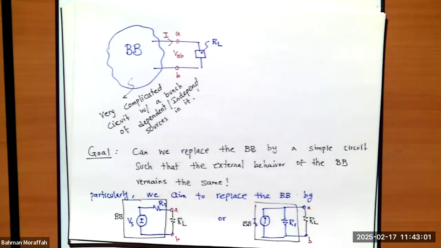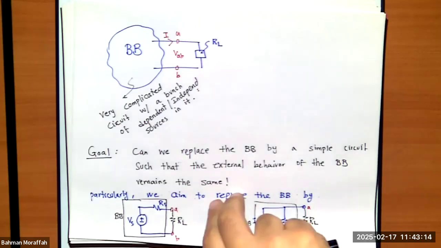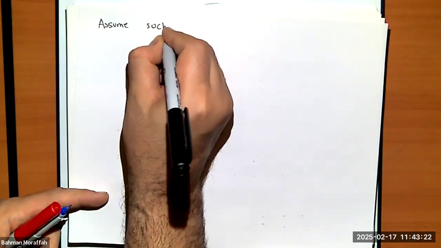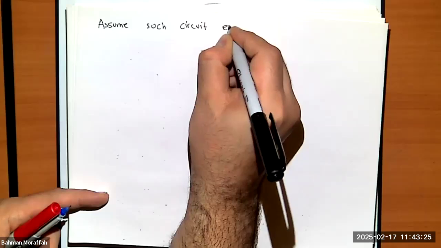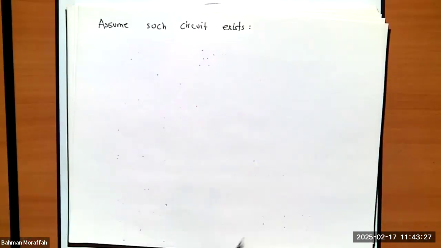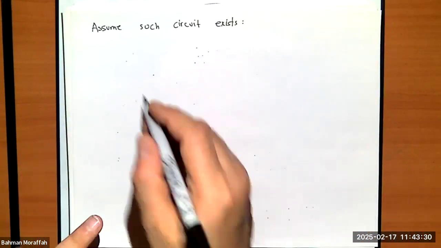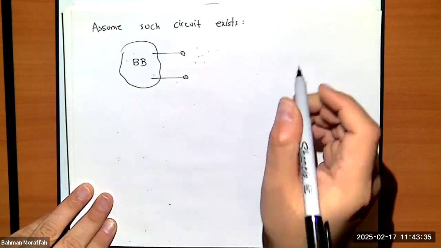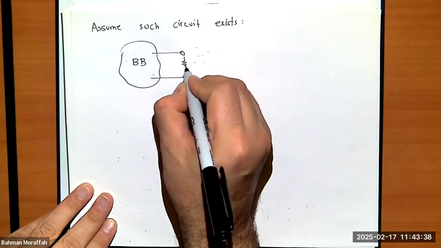Before we answer those questions, for a second, let's assume these circuits exist. We still haven't talked about the existence, but let's just assume it exists. Okay. So assume such a circuit exists. What do we have? I have this black box that's connected to some RL.